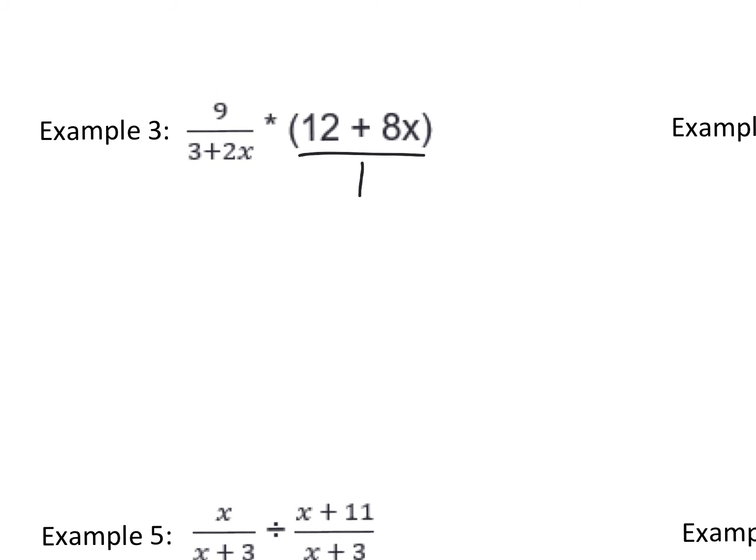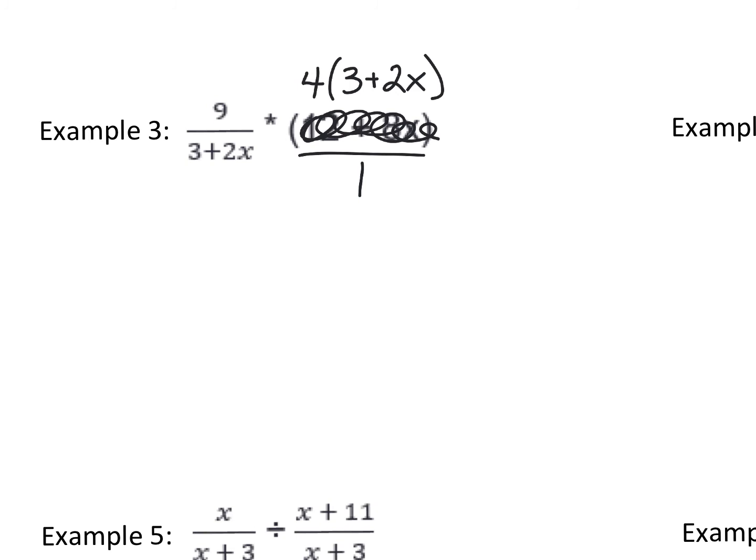We'll start with the first thing. It's 9. Can that be factored? No. 12 plus 8x. What can we do there? Take out a 4, and what's left? 3 plus 2x, good. So we'll cross off that numerator because we now have simplified it.